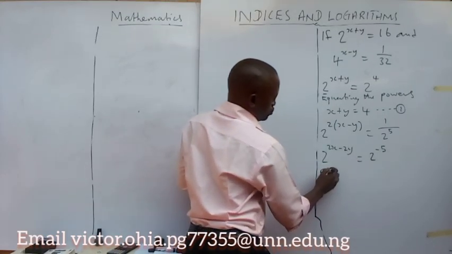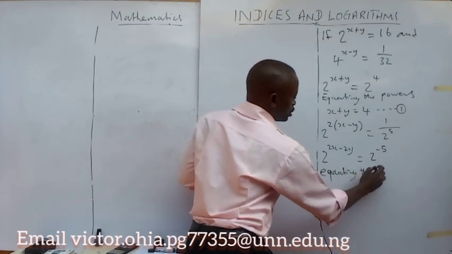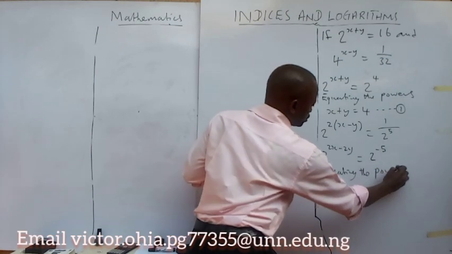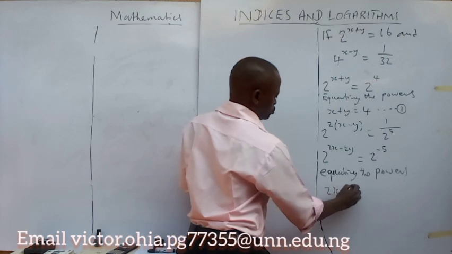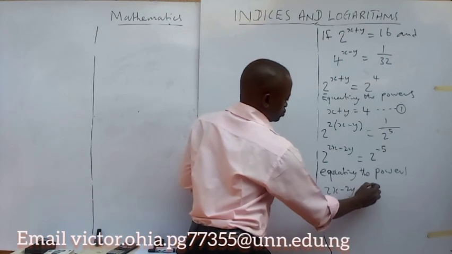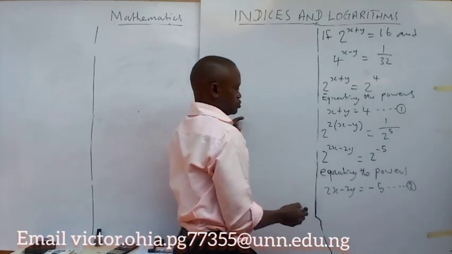We can now say, equating the powers, we can have 2x minus 2y equals to minus 5. So this, I can call equation 2.